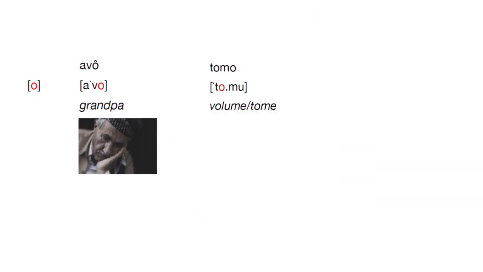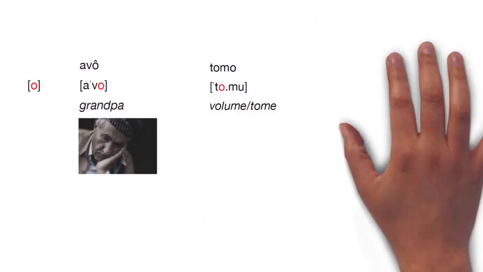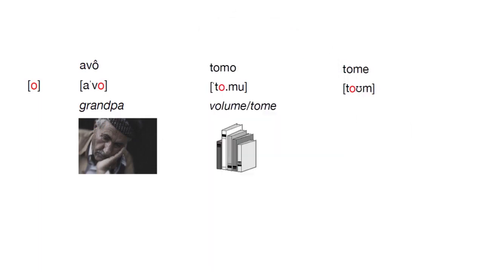Our next pair is O and O. We'll start with the first one. O as in avô or tomo. This vowel is very similar to American English's O as in tome. The issue with the vowel in tome is that it's actually 2 vowels. You start at O, but then you go to U. Portuguese stays put.